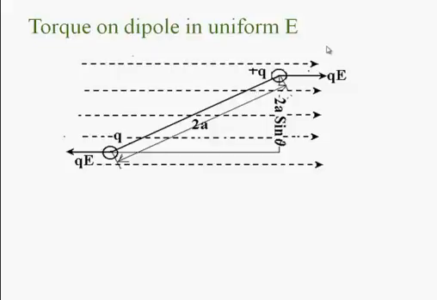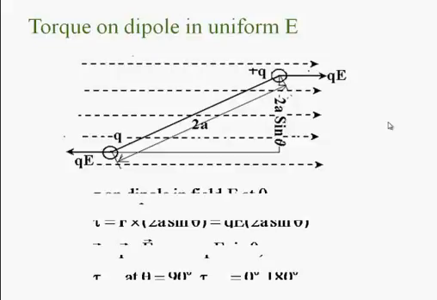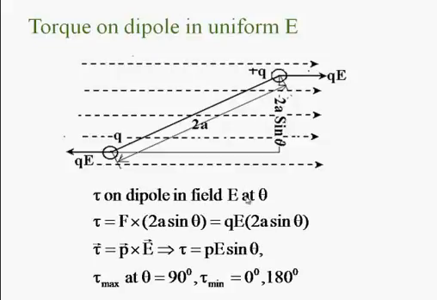But since the QE force on this charge and the QE force over here tend to rotate the dipole, we will study the effect of that. That's what is called the torque on a dipole. When the dipole is at an angle theta, suppose I take the moment about the minus charge.